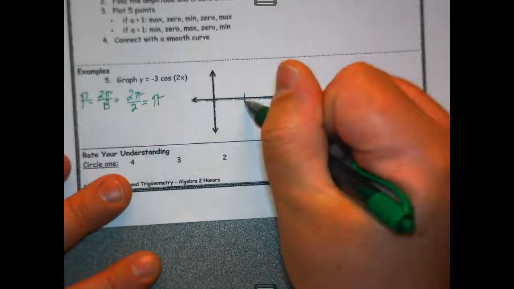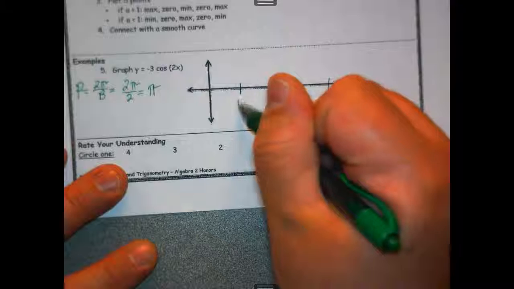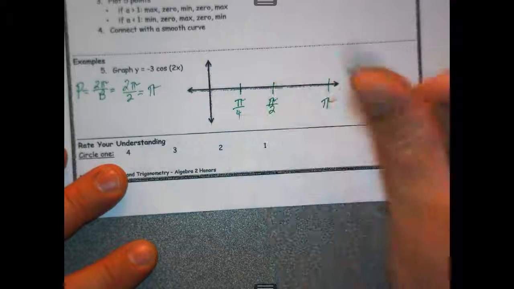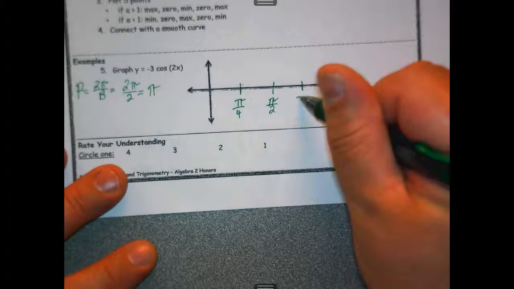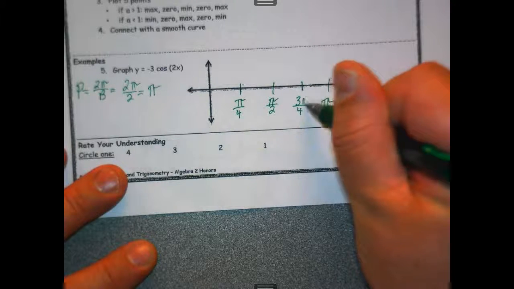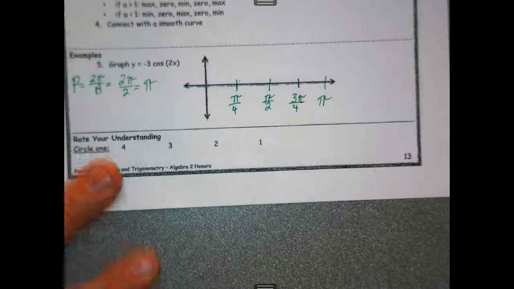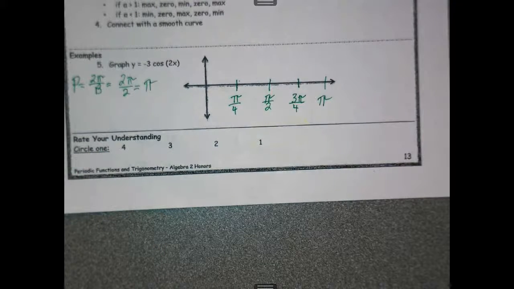What's half of pi over 2? It's going up in quarters, right? Okay, 1 quarter, 2 quarters. What's this?